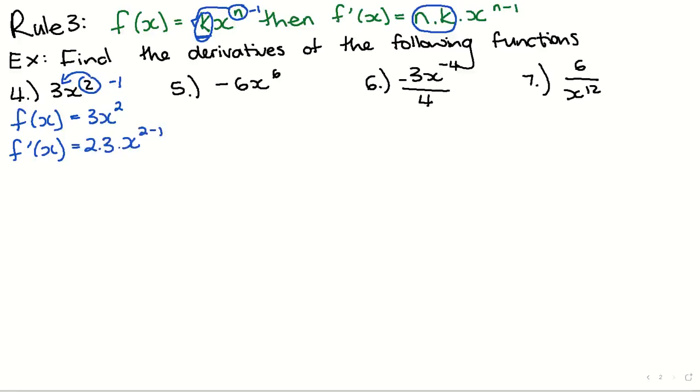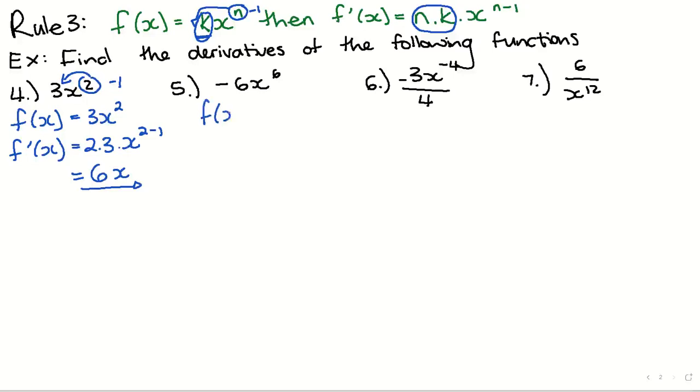That's the process, right? And 2 times 3 ends up being 6, and x, 2 minus 1, ends up being 1. So I end up getting 6x. Easy enough. If you remember, we actually did this in our limit example in method 1 and method 2, if you go look back. Okay, now let's look at this one. We end up having minus 6x to the 6.